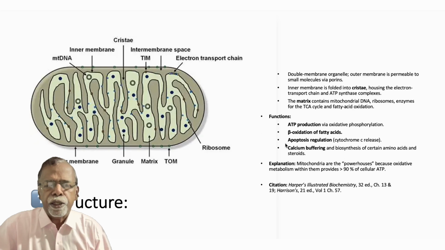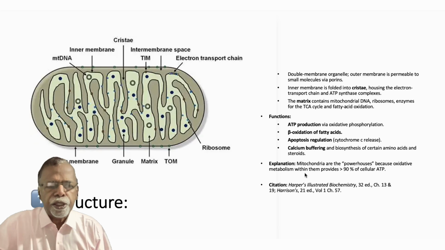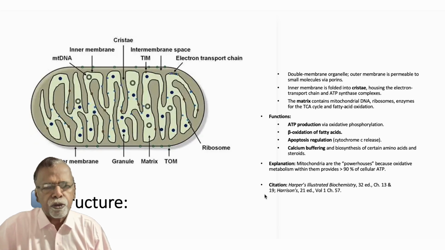Details will be in subsequent lectures. As mentioned, mitochondria is the powerhouse. Oxidative metabolism provides 90% of the cellular ATP. Remember, mitochondrial genes are inherited maternally, and there are many diseases inherited through mitochondria.